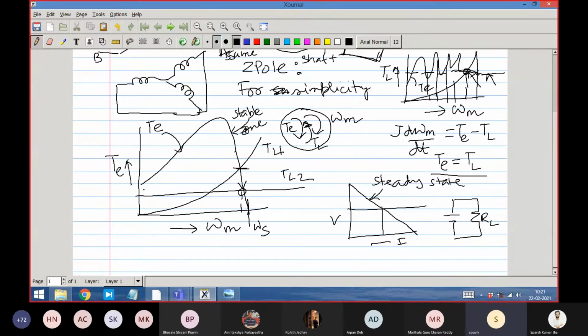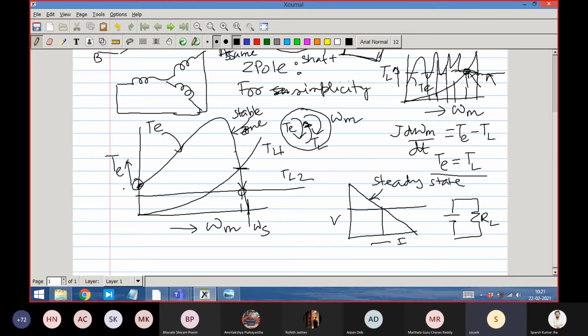What is happening at this point? You have applied a voltage to the stator. The moment you apply a voltage to the stator, irrespective of anything, the flux is developed in the machine.